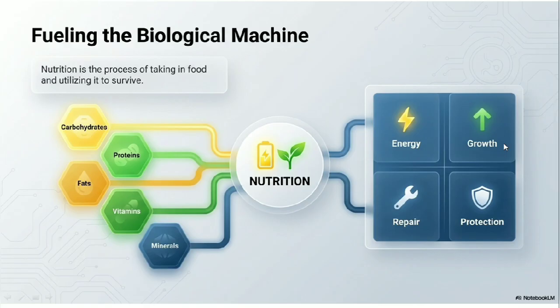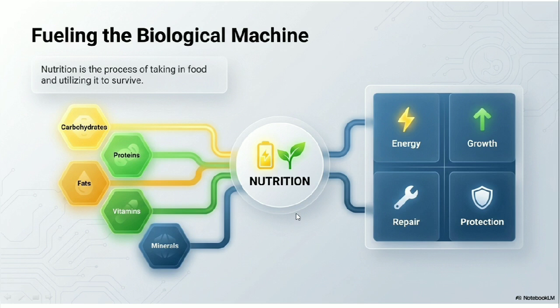Okay. So now, what is nutrition? Nutrition is a process by which living organisms obtain food and use it for growth, energy, repairing the damaged parts, and also for maintaining the life process.